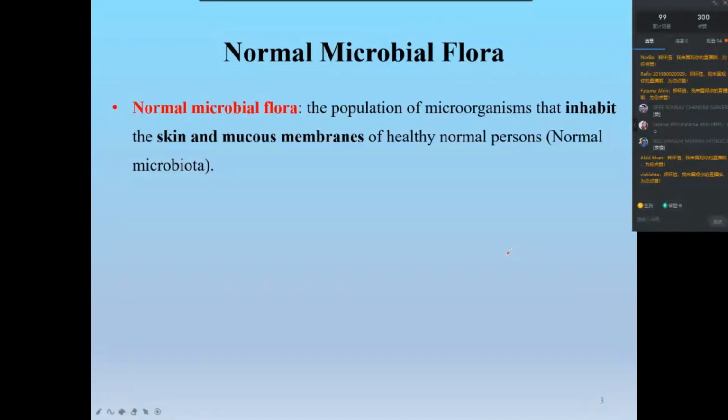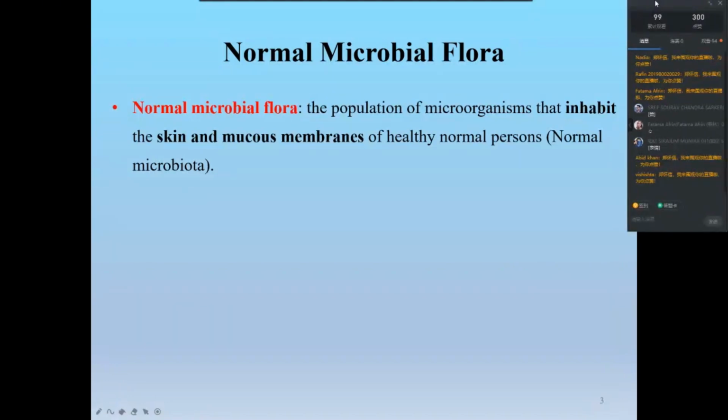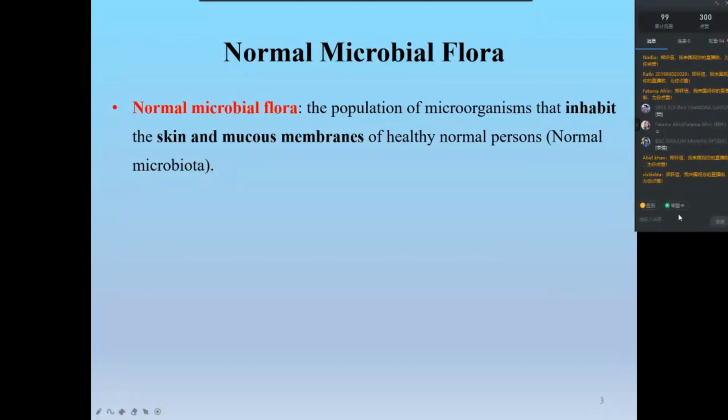So first we learn the majority part of this pyramid, the normal microbial flora. This normal microbial flora is the population of microorganisms that inhabit the skin and mucous membranes of a healthy normal person.